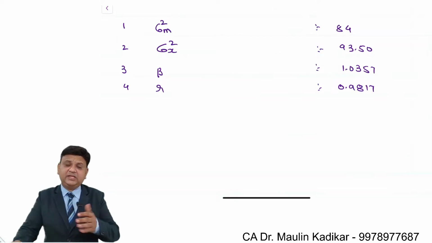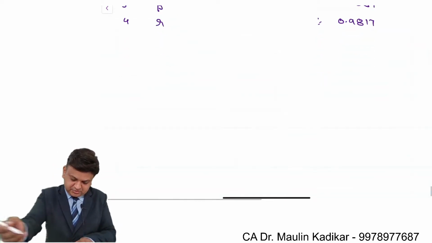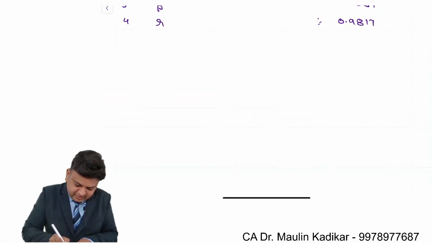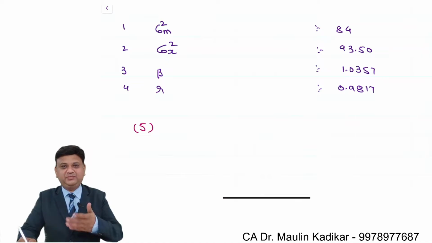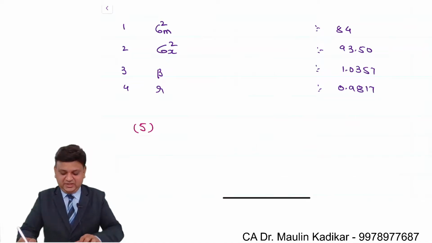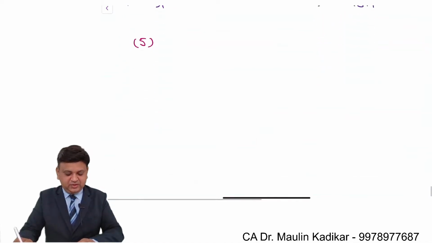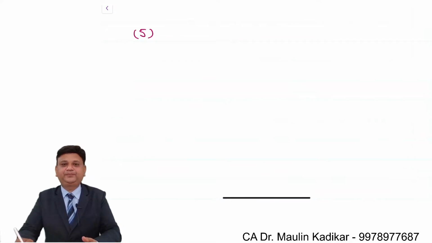Now let us have an understanding of the fifth part of the question. I do not want you to write anything. Let me just give the explanation to you, because basically for doing the fifth part of the question, we require all this information. That is the way the question is formed.